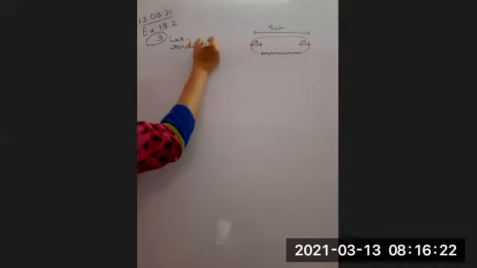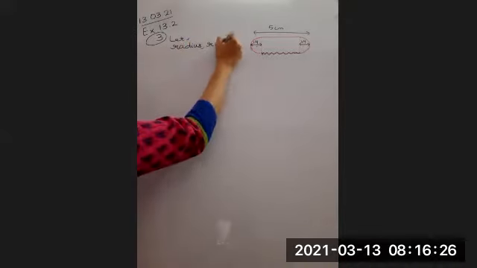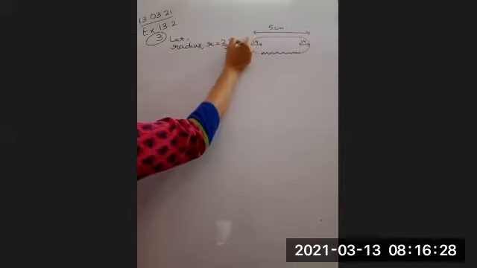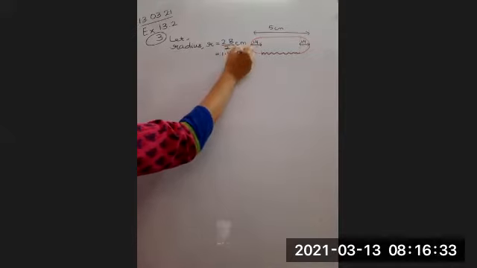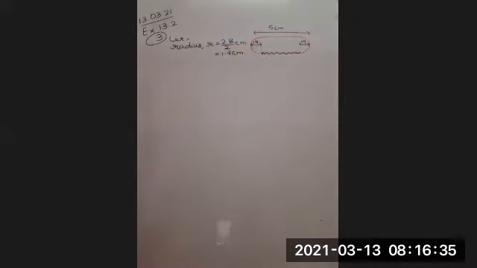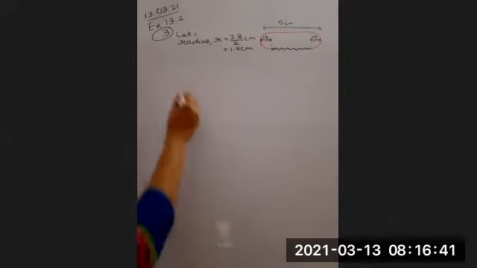Let radius R is equal to 2.8 divided by 2 centimeter, which is equal to 1.4 centimeter. Is it readable clearly, boys? Yes, ma'am.